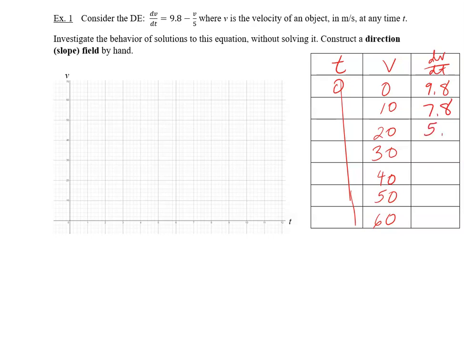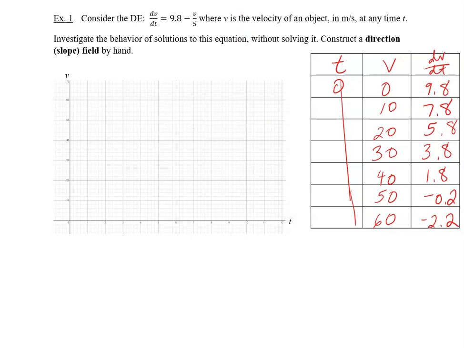So this is going to be 5.8, and then 3.8, and then 1.8, and then when we get to 50, we're going to be at negative slopes, right? 9.8 minus 10 would give me negative 0.2, and then if we put in a 60, I get negative 2.2.